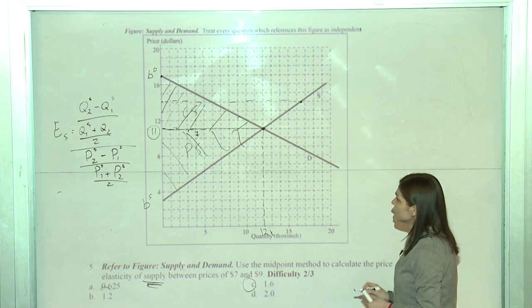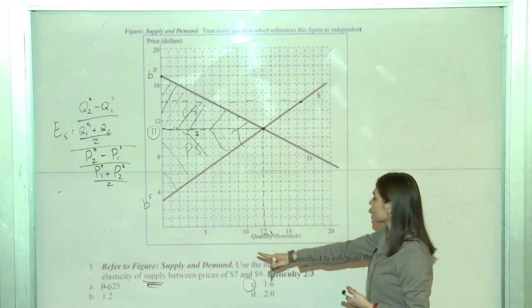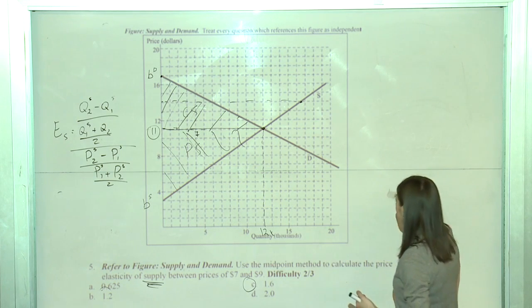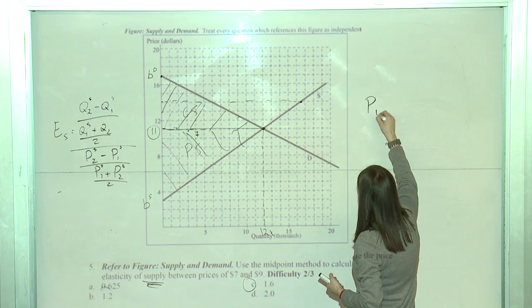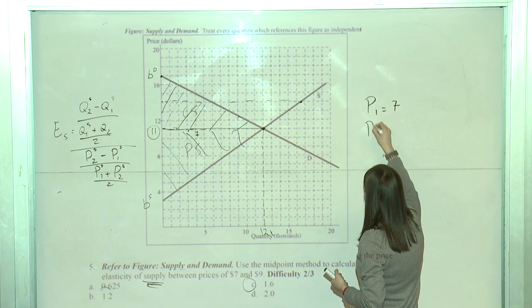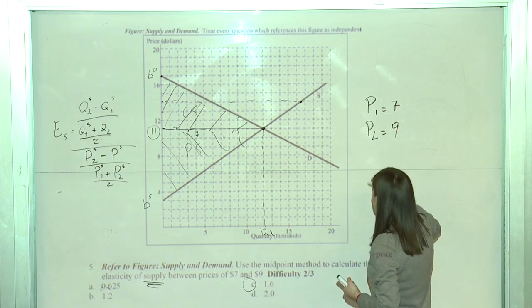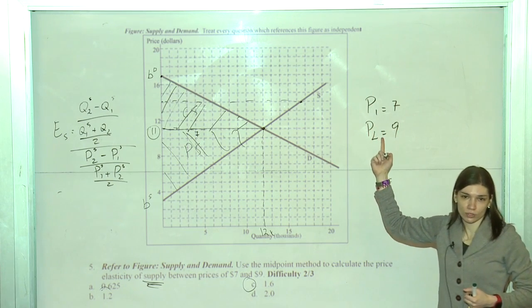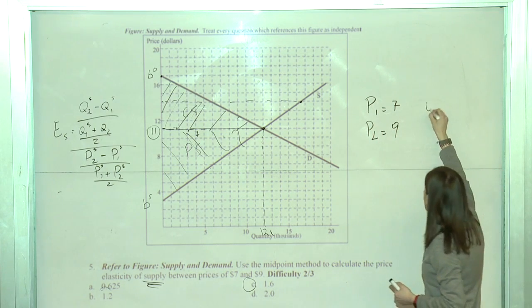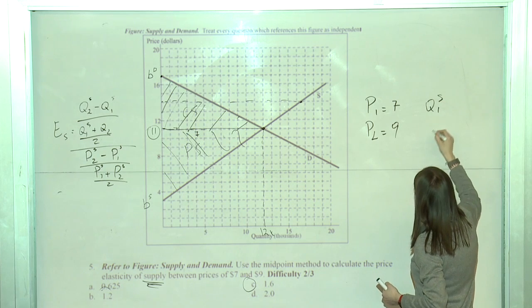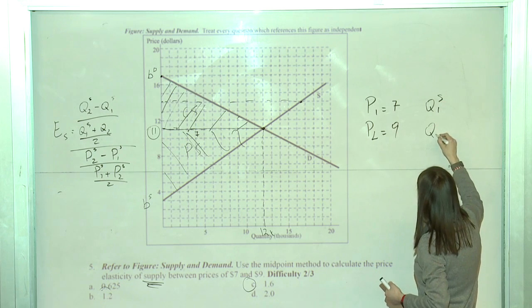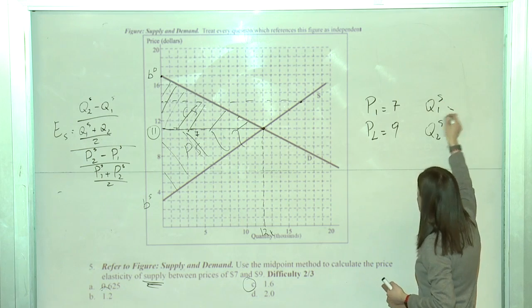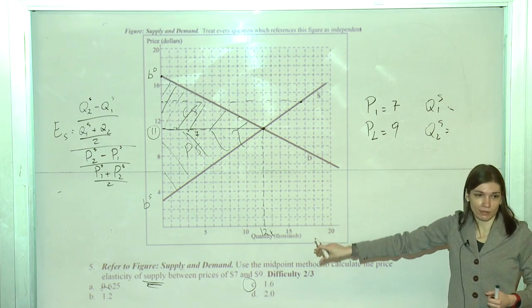All right, so now we need to see what those points are. So we're on the supply curve between the prices of 7 and 9. So I know the first price is 7, the second price is 9. Now I need to find the corresponding quantities, right? So at a price of 7, what is quantity supplied? And at a price of 9, what is quantity supplied? And this is where you need to be careful that you're asked about the supply curve, right?